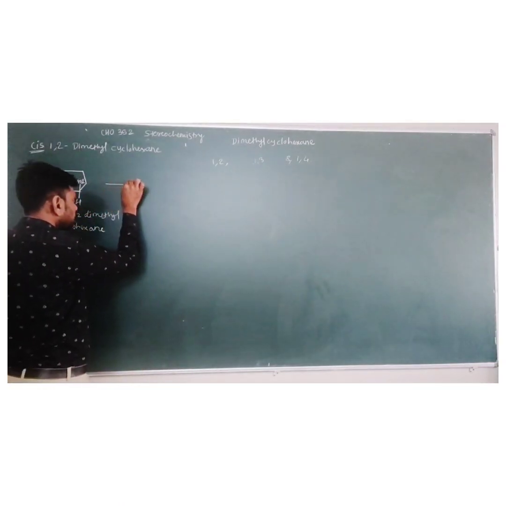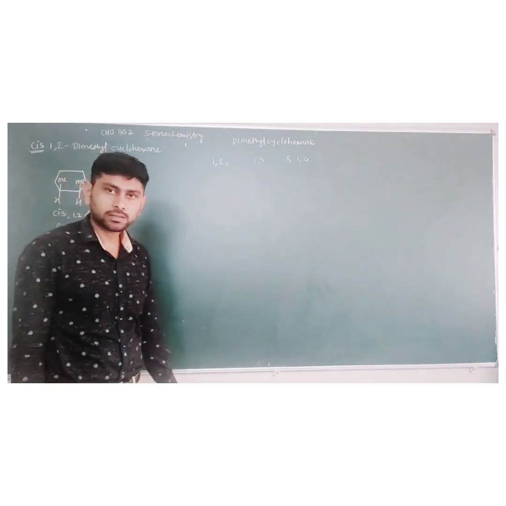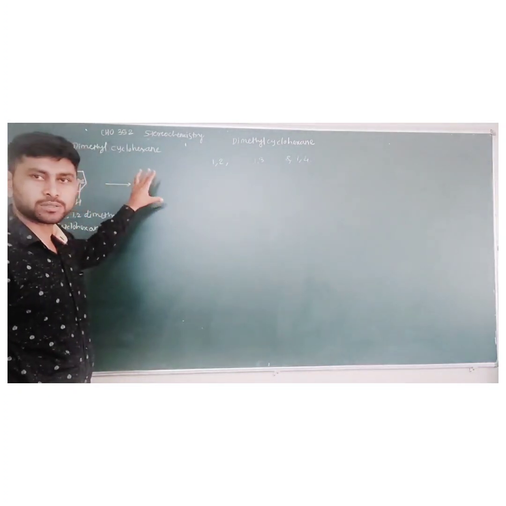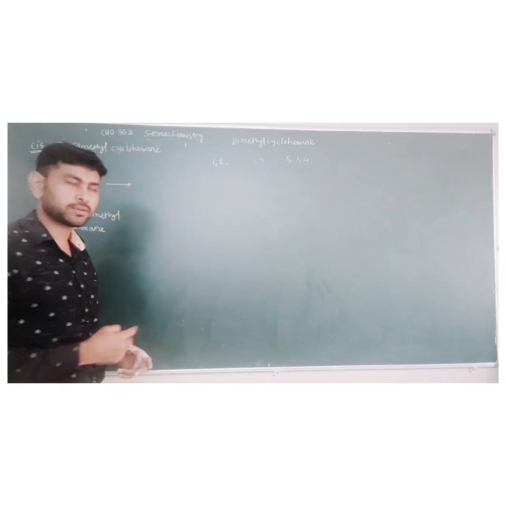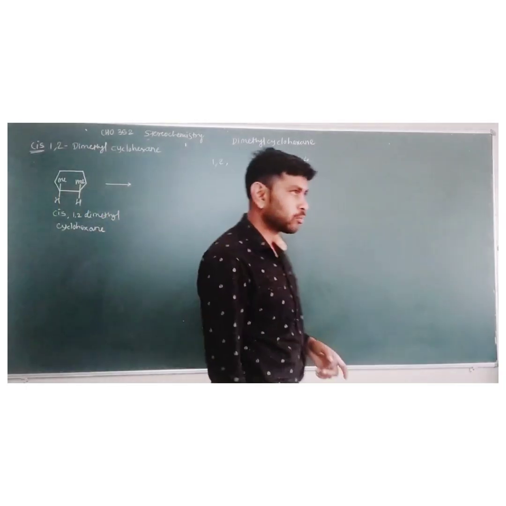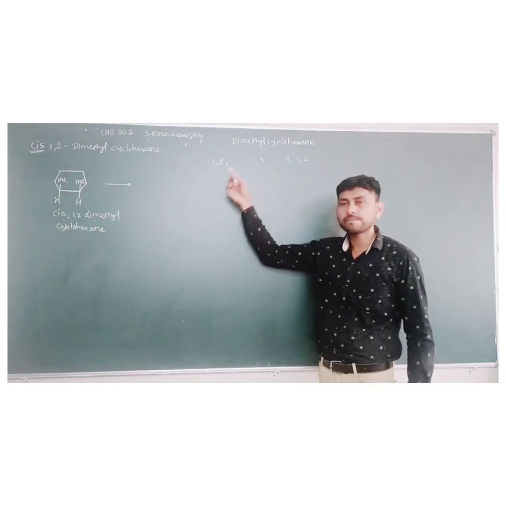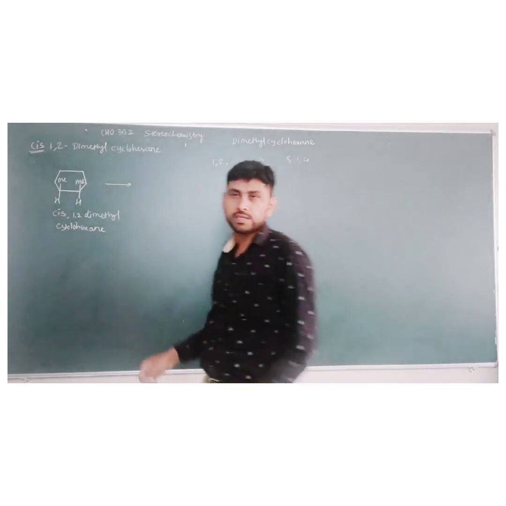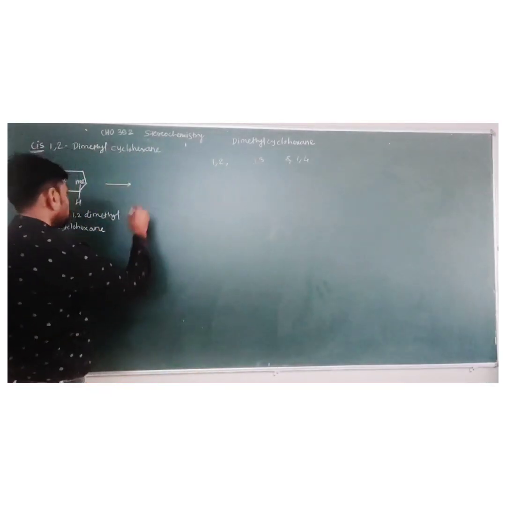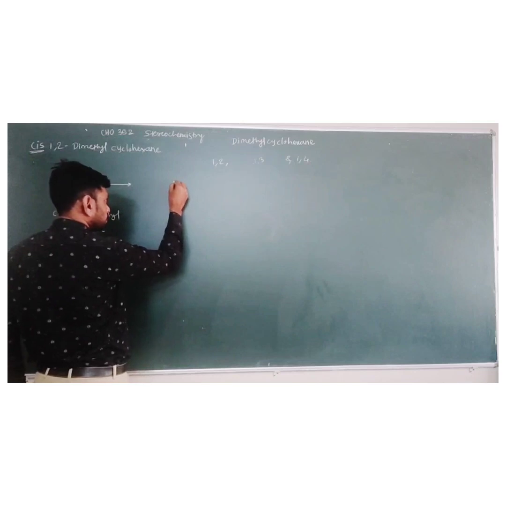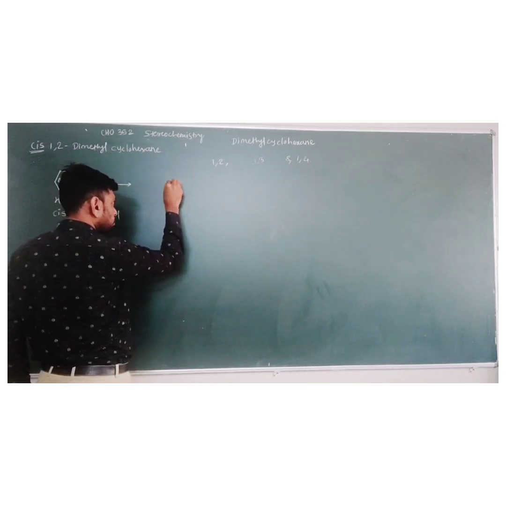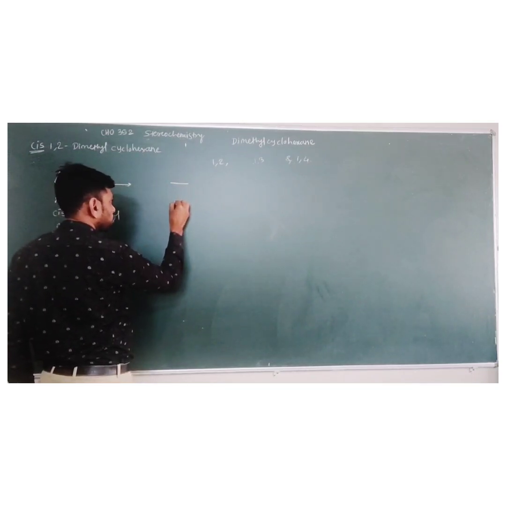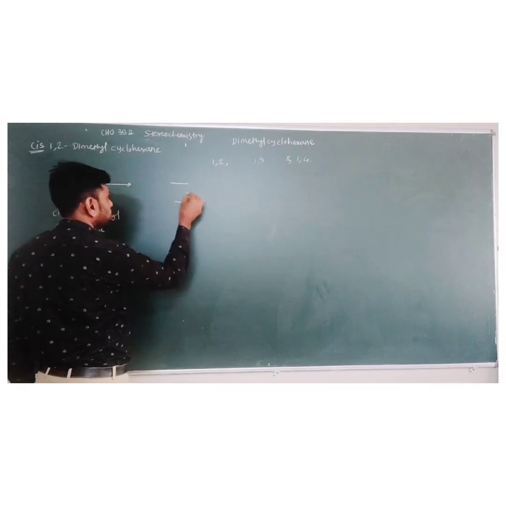Now we have to convert it into chair conformations, because cyclohexane is present in chair and boat conformations, out of which the most stable form is the chair conformation. The chair conformation can be drawn in 2 ways. So this is the first way to draw the chair conformation.